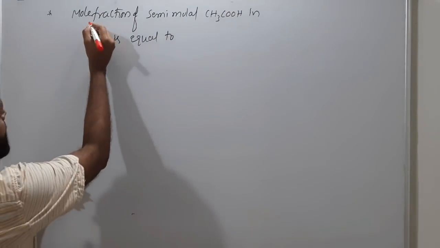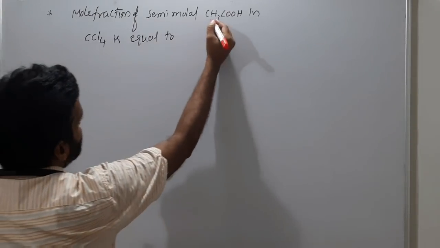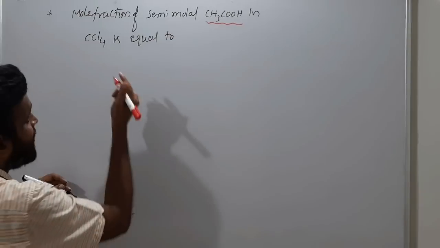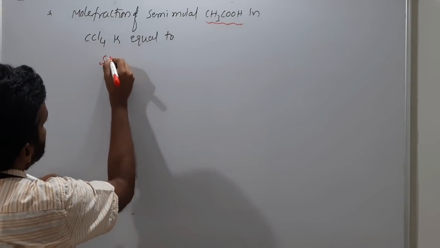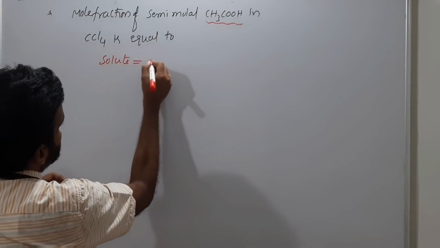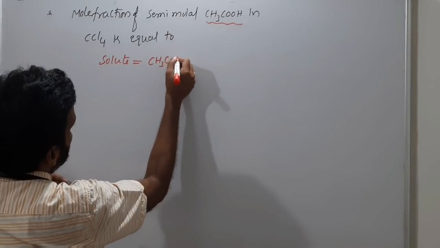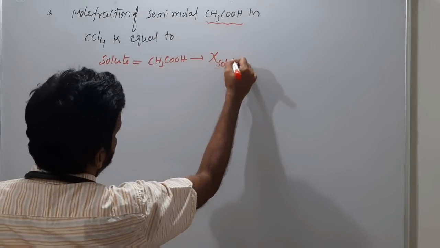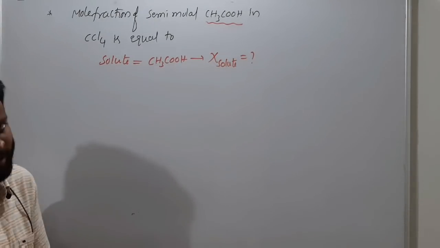Okay. So asking mole fraction of this in CCl4. That means what is the solute? First you must know. Solute is CH3COOH. So its mole fraction is asked. This is the question. So clear?